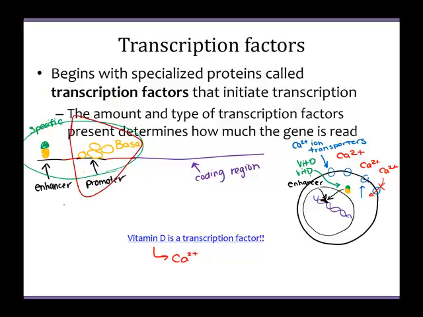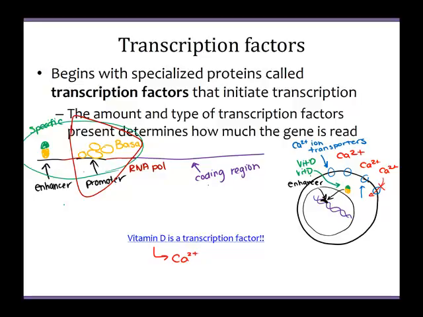RNA polymerase will only start reading a gene once those transcription factors are present. So here's RNA polymerase. If you just have basal transcription factors, not enough. If you just have specific transcription factors, not enough. The only time that specific transcription factor and the basal transcription factors are going to be present is when you have vitamin D.